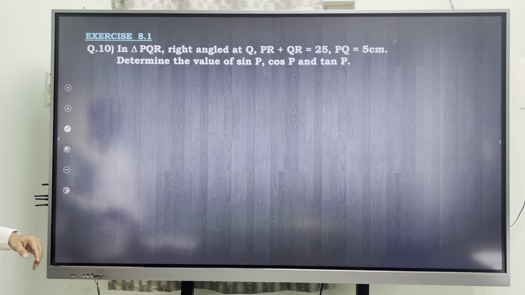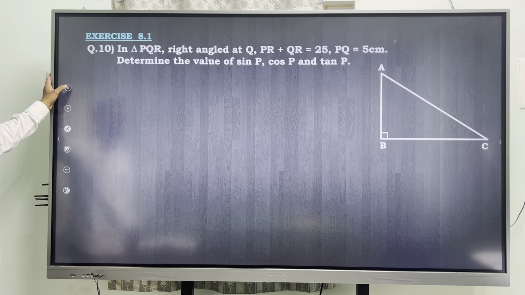See here, in triangle PQR, right angled at Q, PR plus QR equals 25 and PQ equals 5 centimeter.